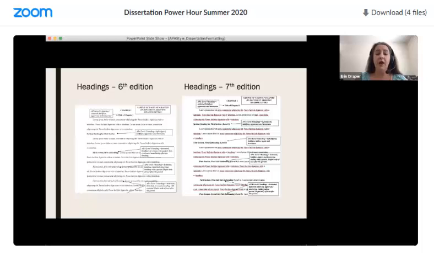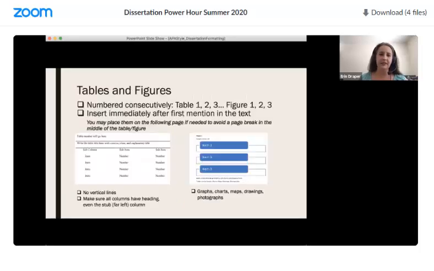So you don't have to worry about remembering to change the capitalization. And they've also changed when things are italicized starting with level 3 and when they're indented starting with level 3. You can see those examples there, and we can talk more about them later if you have more questions.